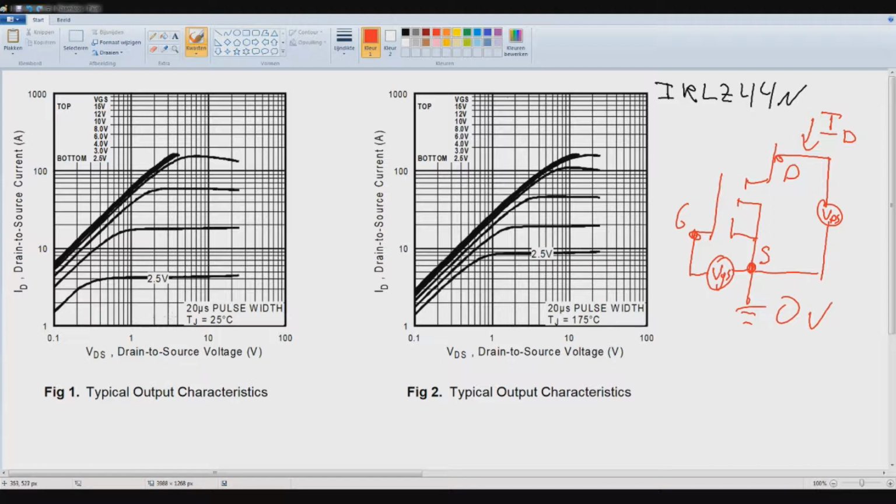Same over here, 1, 2, 3, 4, 5, 6, 7, 8, 9, 10, then 20, 30, 40, and so forth, up till 100. And as you can see, it doesn't go further than this, which is about 10, 20, and this is 30, 25 volts.